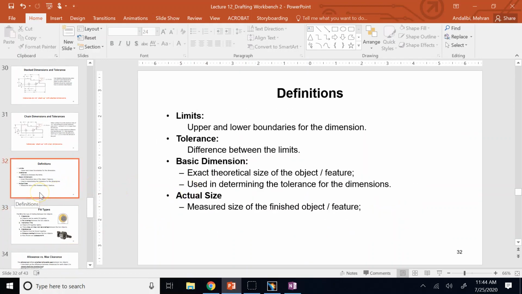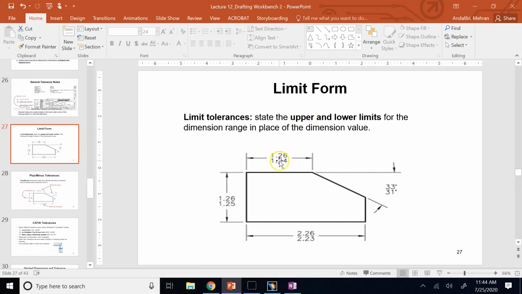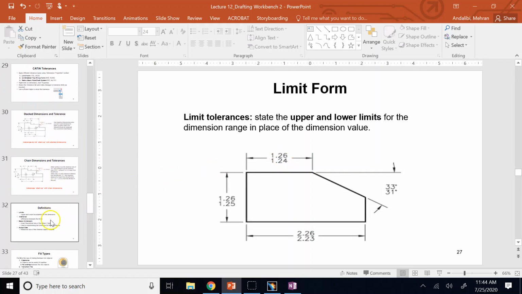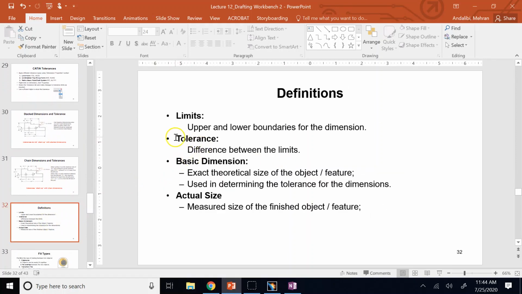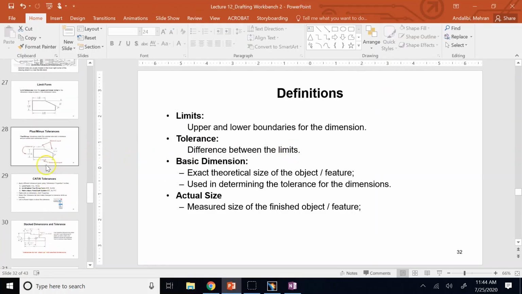Now, let's learn a couple of definitions. Limits are clear. In a tolerance, limits are the upper and the lower limits, the max and the min dimension that your feature can have. Tolerance, the actual mathematical definition of tolerance, is the difference between these limits.